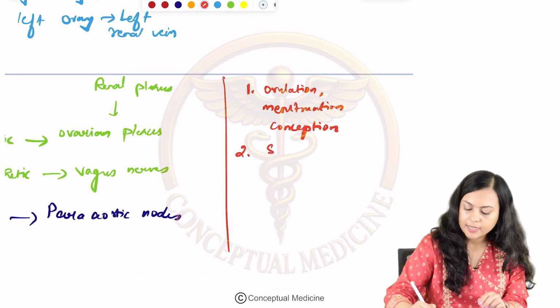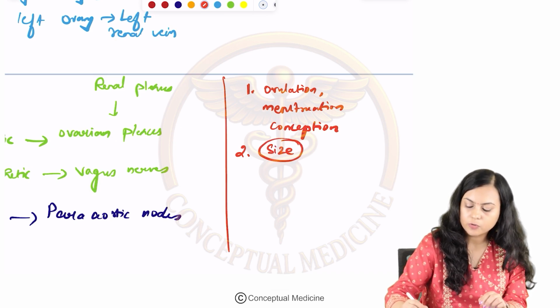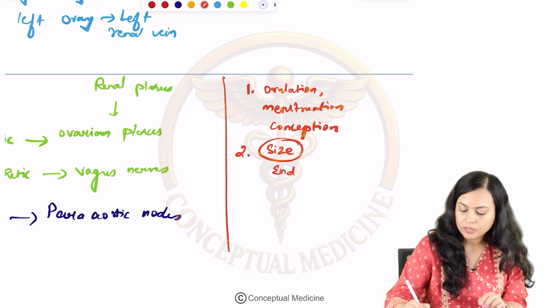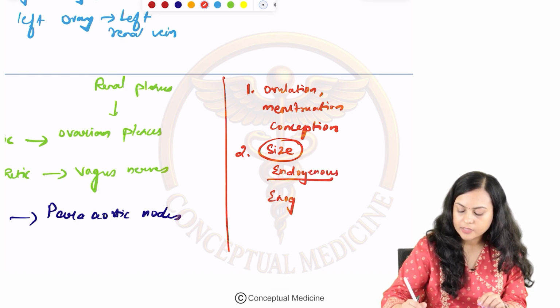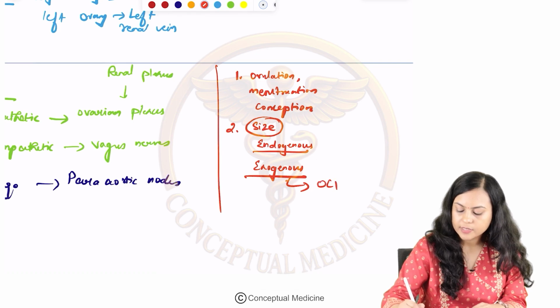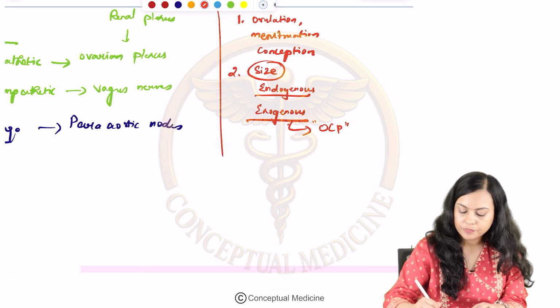And the size of the ovaries varies throughout the reproductive cycle of a woman, and it can be affected by endogenous factors and exogenous factors also. Okay. So, exogenous factors are mostly due to hormonal supplements like the OCPs.